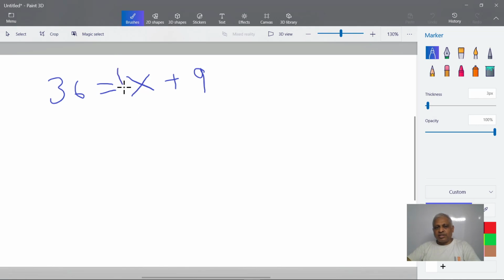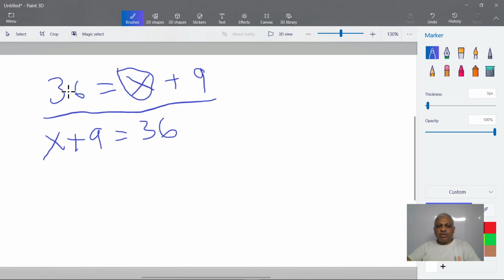We want x. Can we write it like this? x plus 9 equals 36. It means the right side component we put on the left, and the left component we put on the right, because we are interested in finding this x. So x plus 9 equals 36.